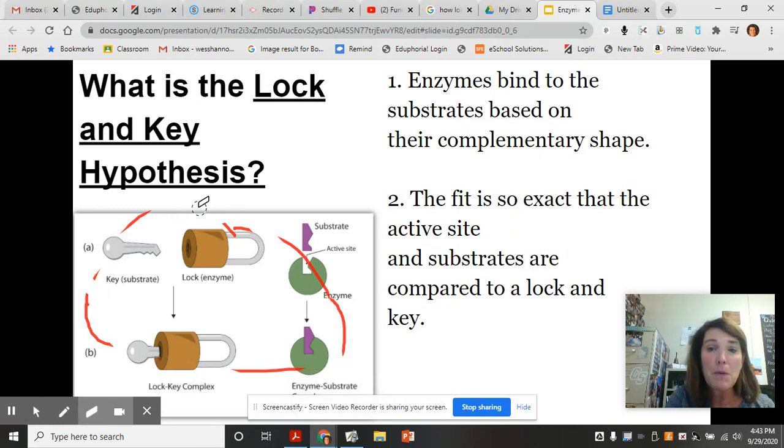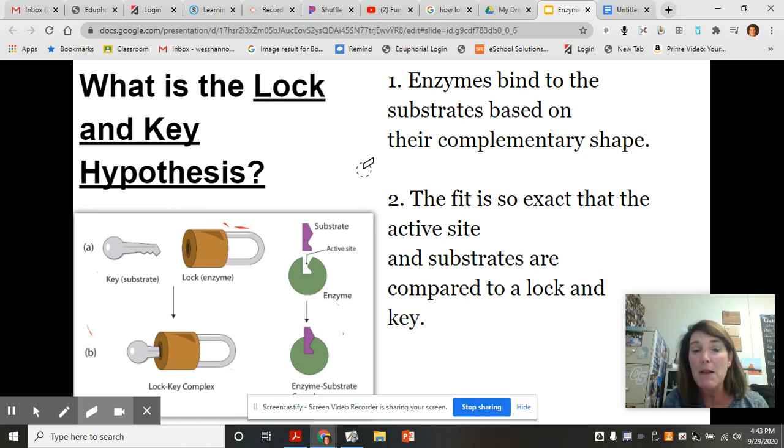Enzymes will bind because, like we said, they tend to have a complementary shape, and that fit is so perfect, like a puzzle piece. Some people call it puzzle pieces, but a better way to think about it is like a lock and a key.